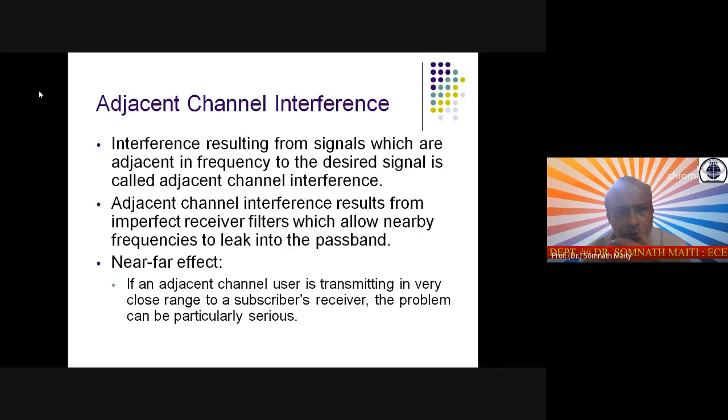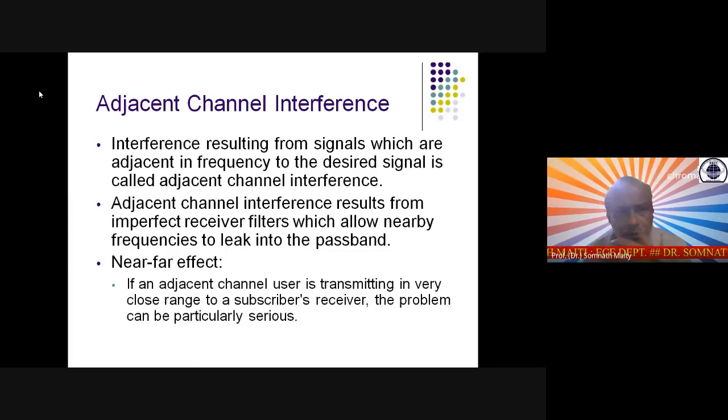And also the near-far effect, which in my last class I told you I'll discuss. If your mobile phone is very near to the base station antenna, you will receive a strong signal.